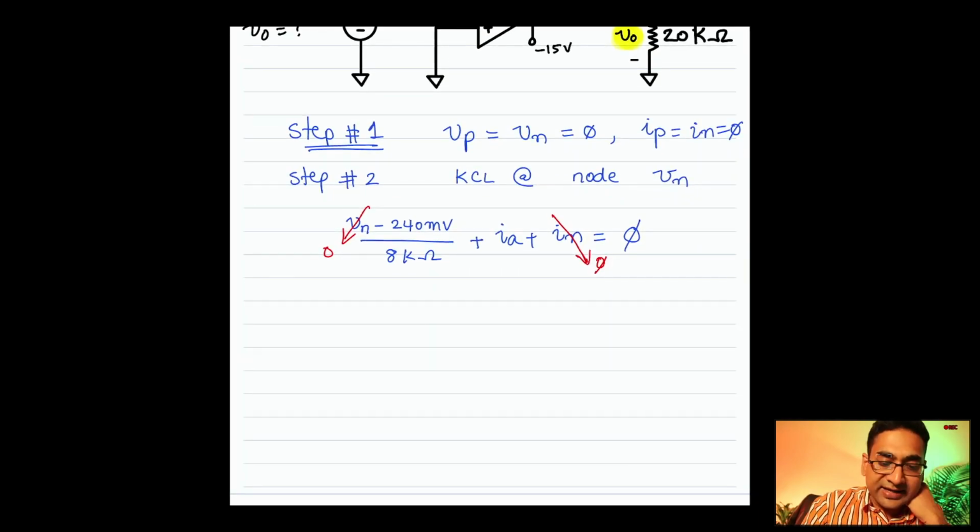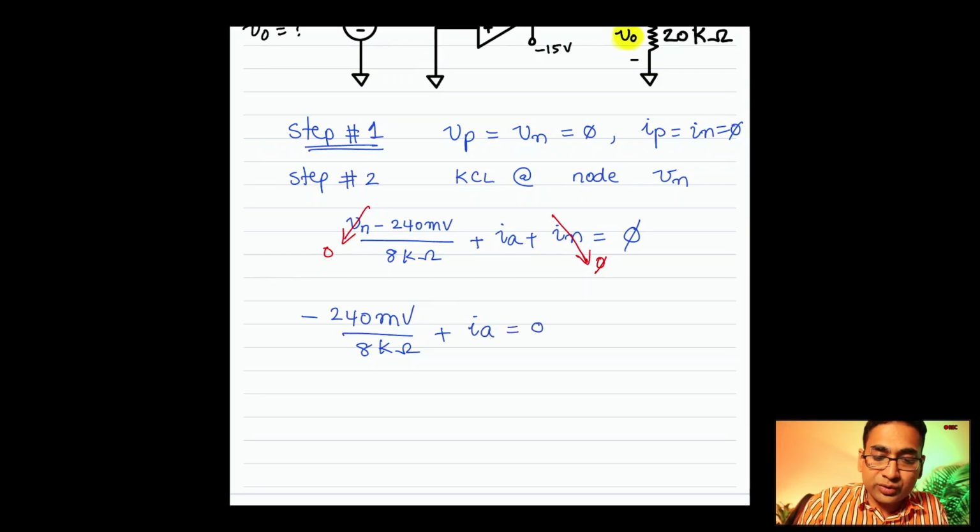Simplifying this equation, I simply get negative 240 millivolts divided by 8 kilo ohms plus IA equals 0. So rearrange the equation, you get a value of IA equals 30 microamperes.